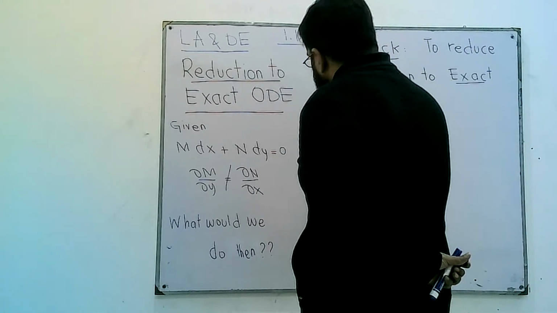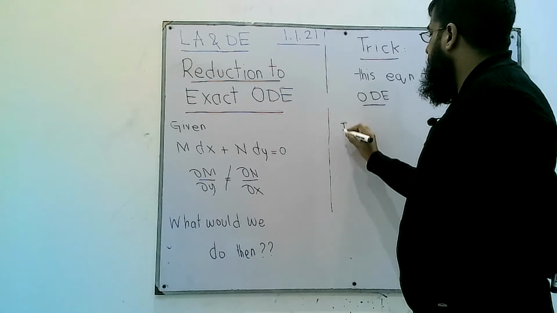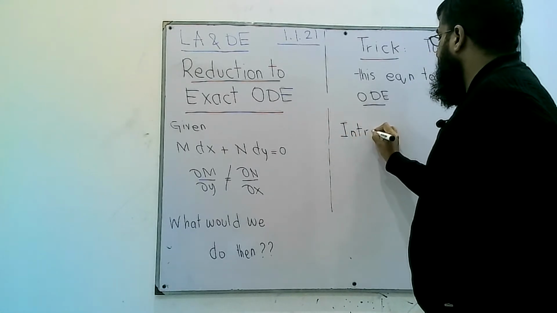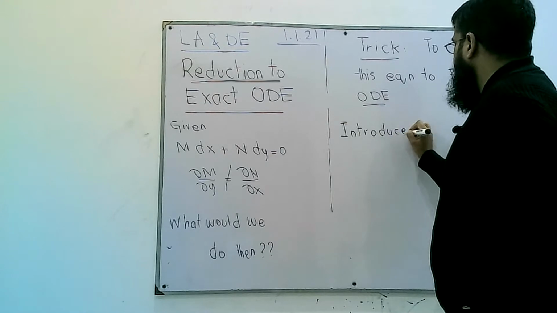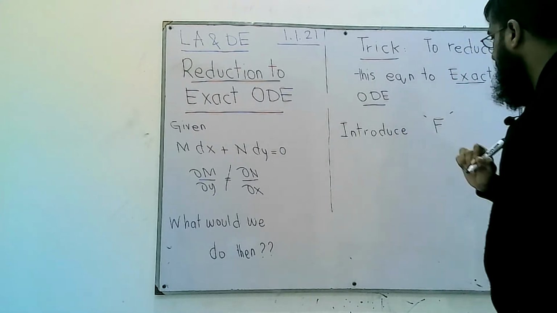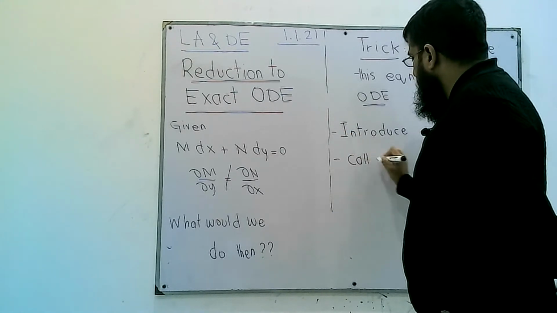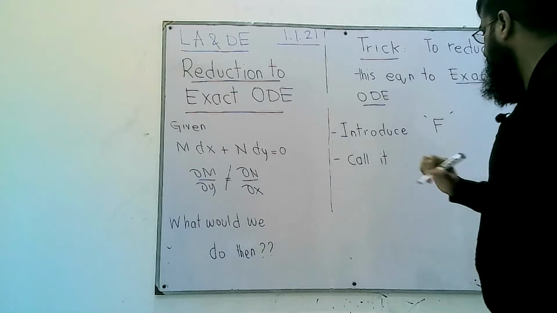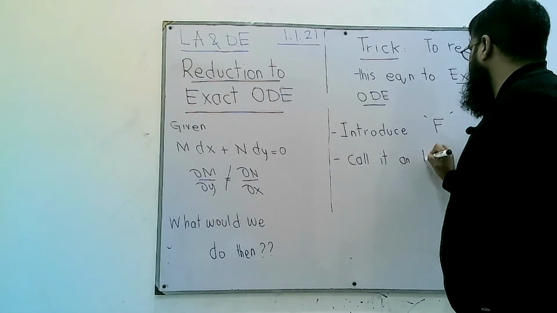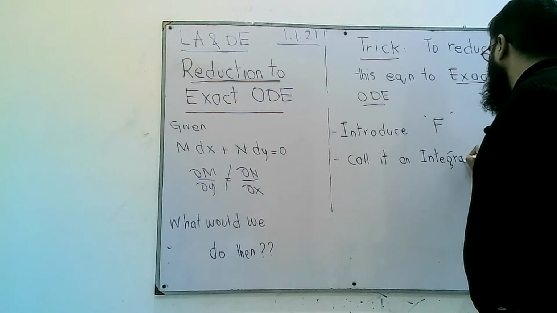Let's do this trick. Let's multiply. Let's introduce a factor, and we call it f. Introduce f and call it an integrating factor.